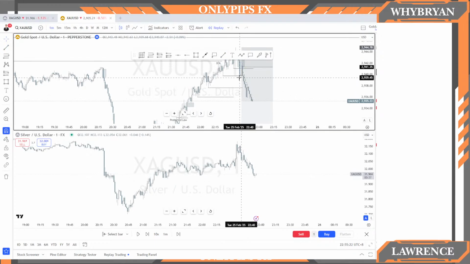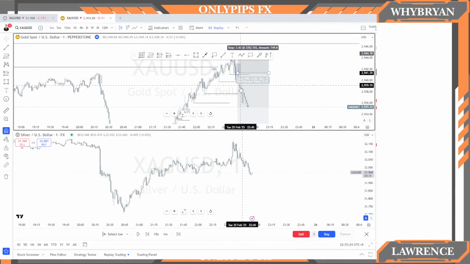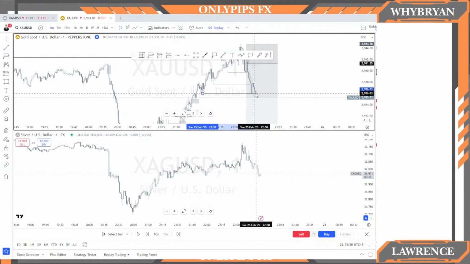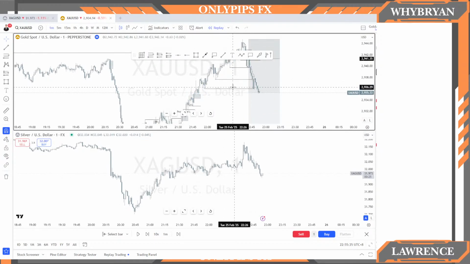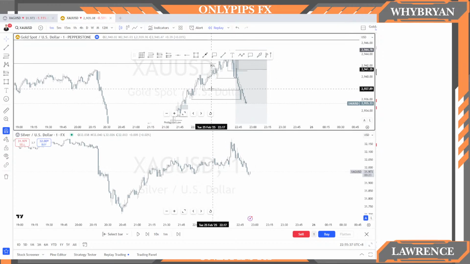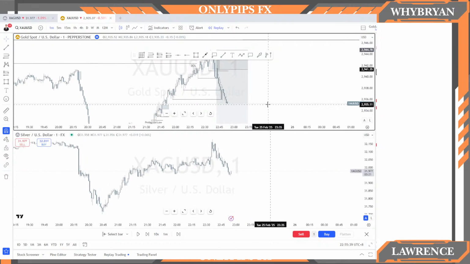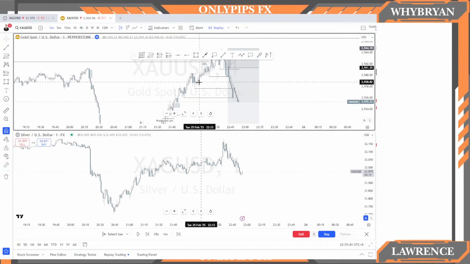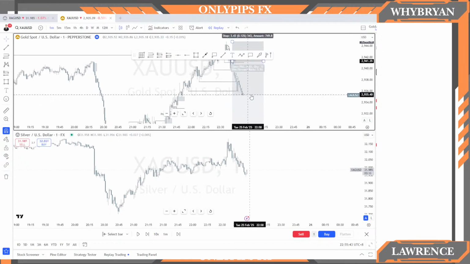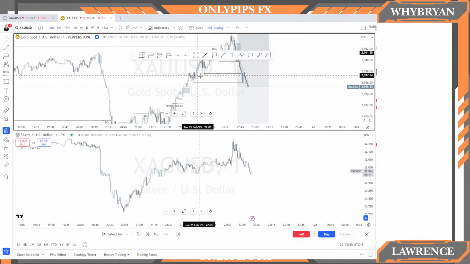The price took off this low, rejected very strongly. Took off this low, rejected quite strongly as well, and closed below. Took off this, rejected also very strongly. So every single engineered liquidity, like the swing low created, are all drawn liquidity.